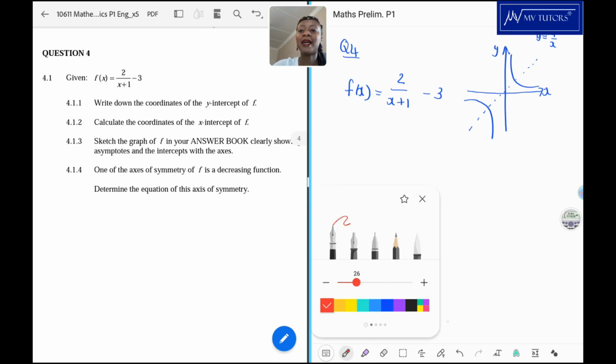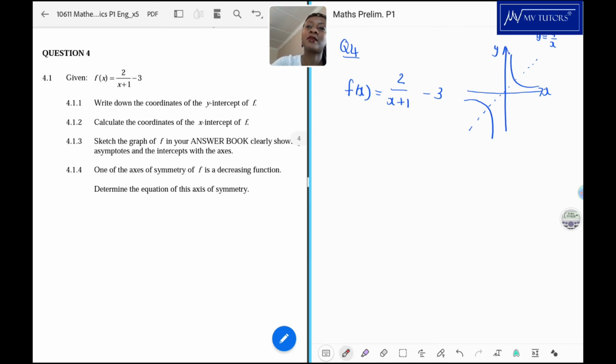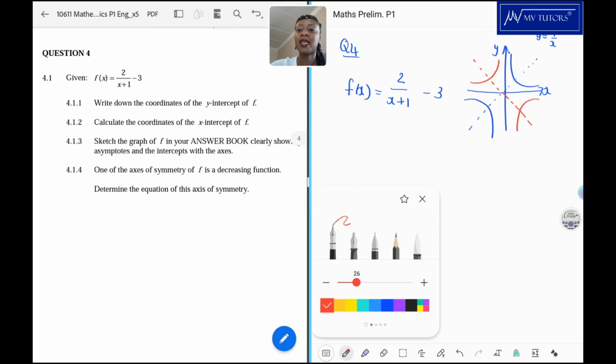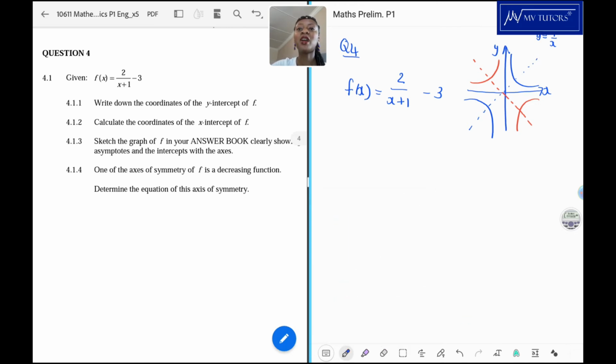But if it goes from the left to the right and it goes down, then you know you have a negative hyperbola. In this case, guys, we have a, which is 2. It's positive, so we are expecting our hyperbola to be in quadrants 3 and 1. That is our expectation going into this question.